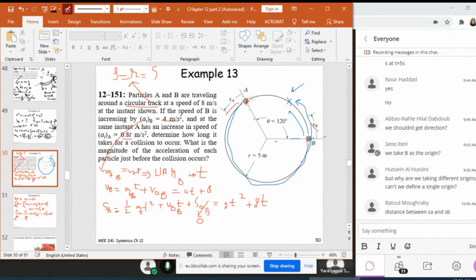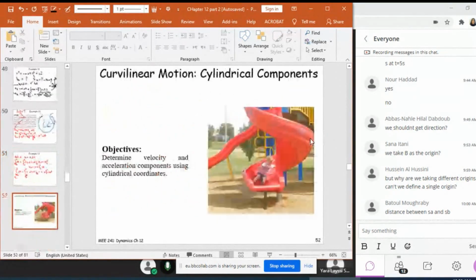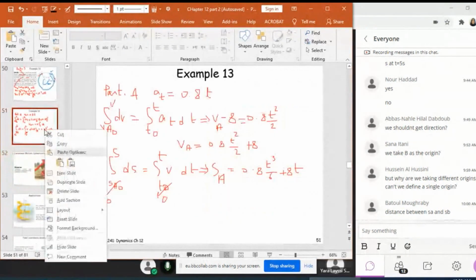And what is the length of this arc? It is 240 degrees, because this is 360 minus 120. So it is 240 degrees, which is 4 pi over 3 times the radius. This is the length of this arc. Right? So guys, I'm going to take two options.